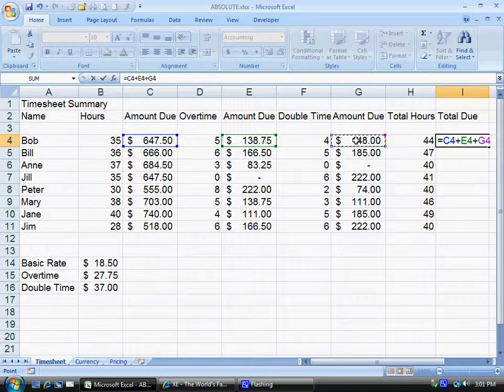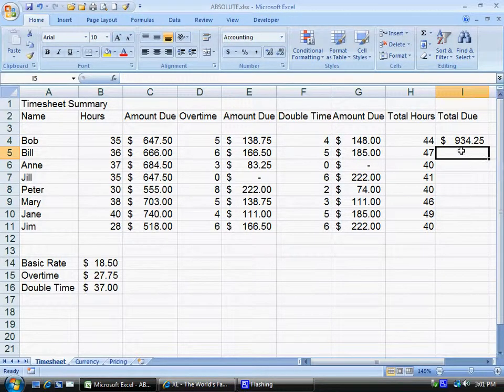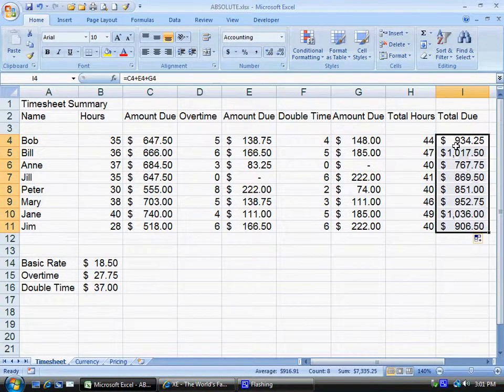Hitting the enter key would give me an answer of $934.25. It's C4 plus E4 plus G4. No dollar signs, so that when I fill it down, it's going to look at C5 plus E5 plus G5 and C6 plus E6 plus G6, etc., etc.